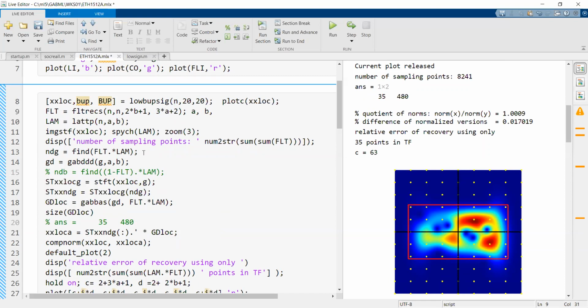This is important. We also know that we would recover the signal perfectly by taking the dual Gabor atom.